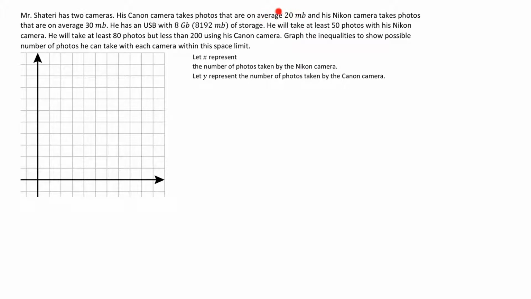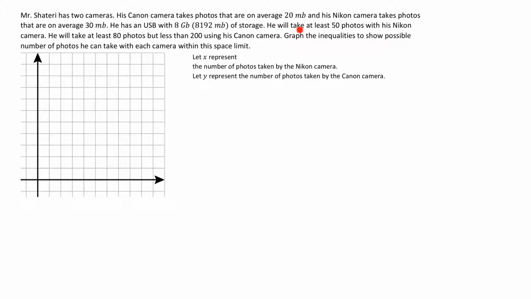Let's say 20 megabytes for this case, and Nikon cameras that are on average 30 megabytes, so it's a little bit larger megapixel in this case, giving you larger photos. He has a USB which is 8 gigabytes, which means that it's 8,192 megabytes of storage.